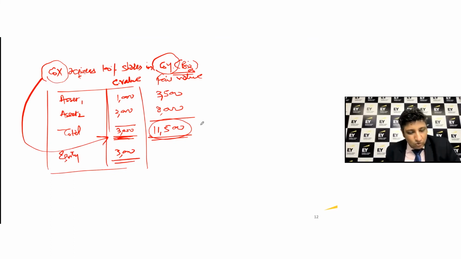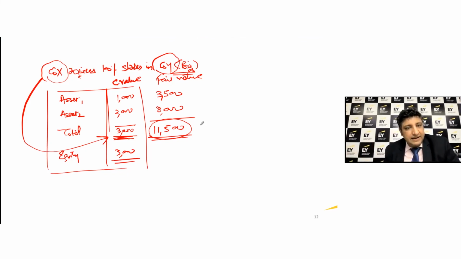The true worth of the business is 11,500, and that becomes a benchmark value against which company X has to offer probably a better pricing, and that's the only reason why the shareholders in company Y will be interested to sell their stake.